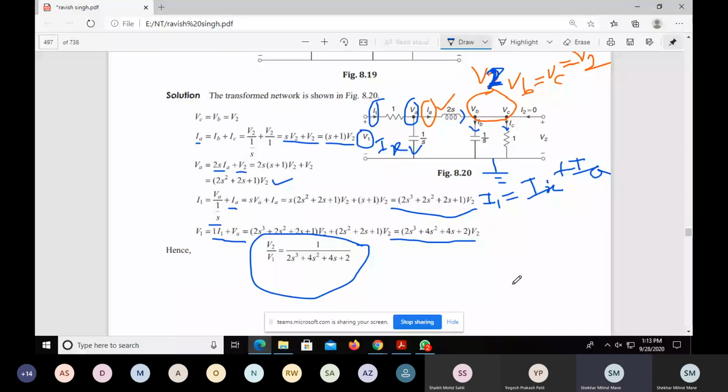Very simple problems are there. For 5 marks to 8 marks, it can be asked. Have you understood this problem? Yes, sir. Okay.